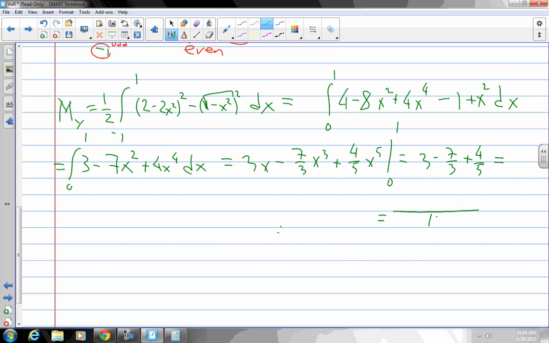So that's a 15, 45 minus 35 plus 12. Is my math right on this one? So 22/15. Yeah.